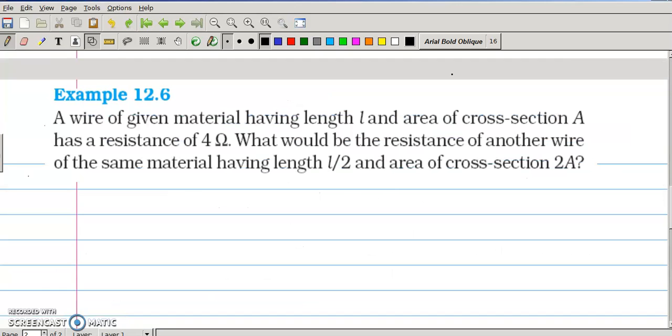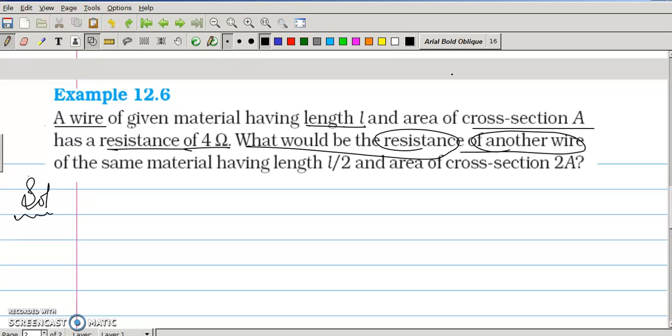So children, let us work example 12.6. A wire of given material has length L, area of cross section A, and resistance 4 ohm. What will be the resistance of another wire of the same material, whose length is L by 2 and area of cross section is 2A?